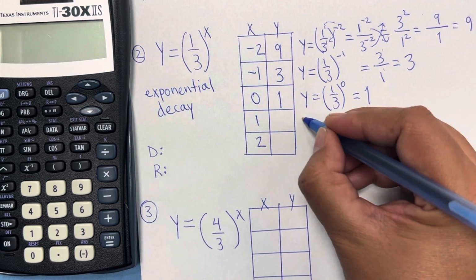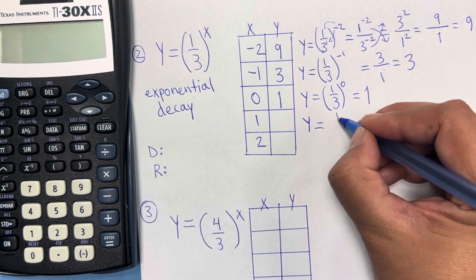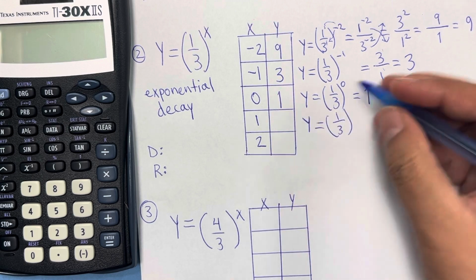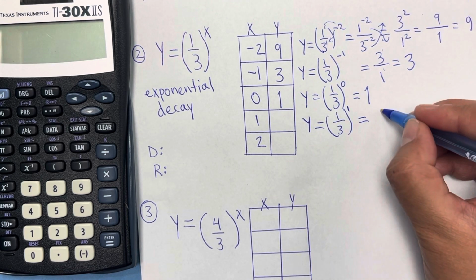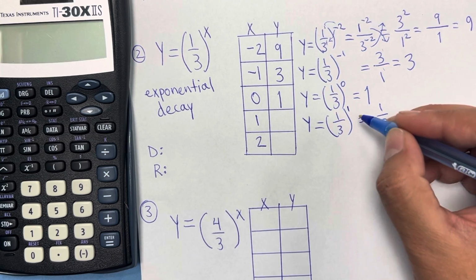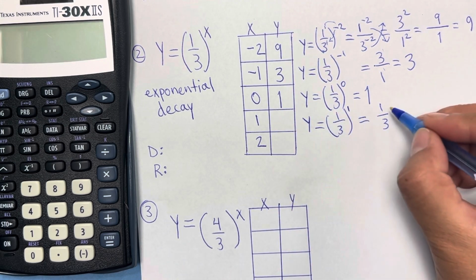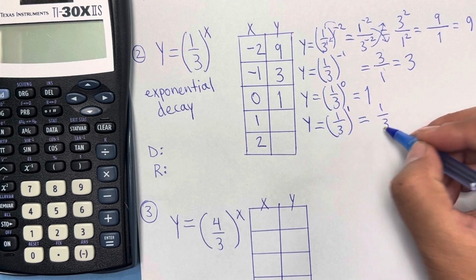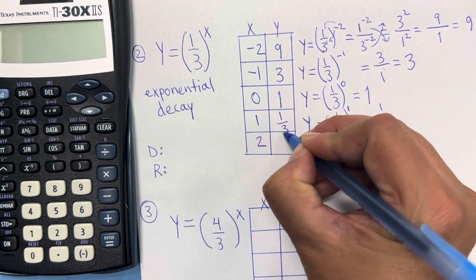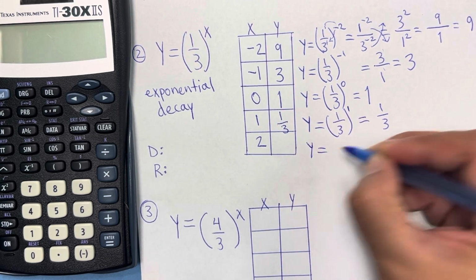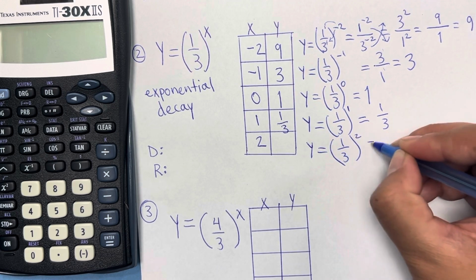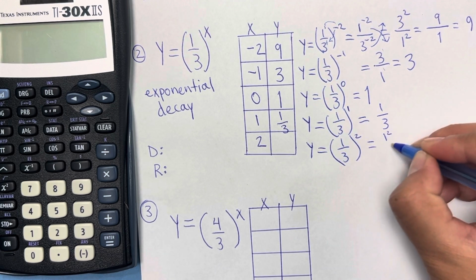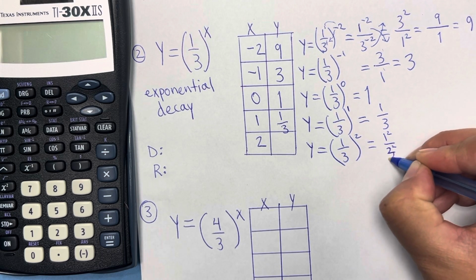Okay, the next one, 1/3 to the power 1, it's just the base, the same value, so the answer is 1/3. Why? Because 1 to the 1 power is 1, and 3 to the 1st power is 3. And the last one, 1/3 to the 2nd power, it just means 1 to the 2nd power, 3 to the 2nd power.